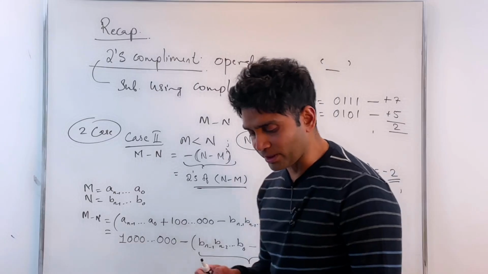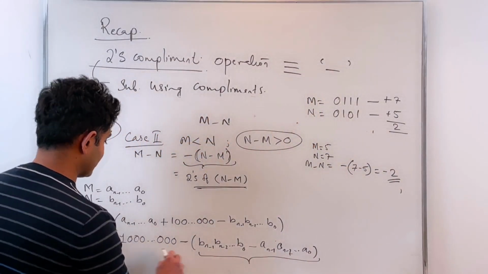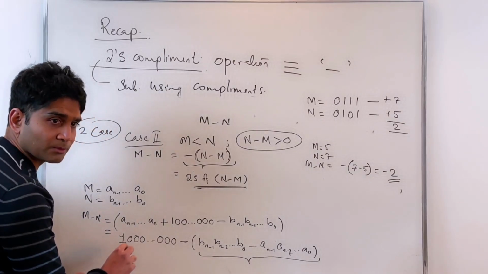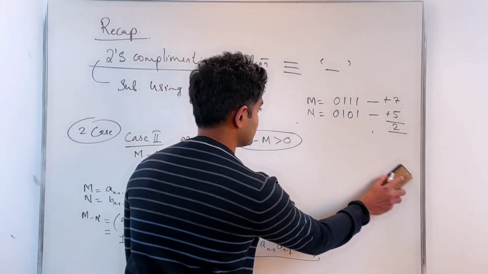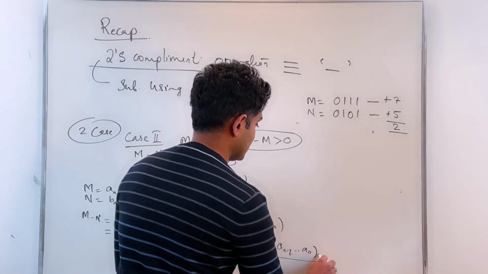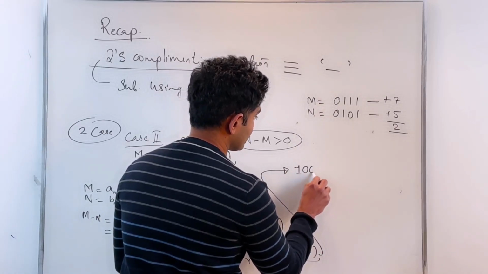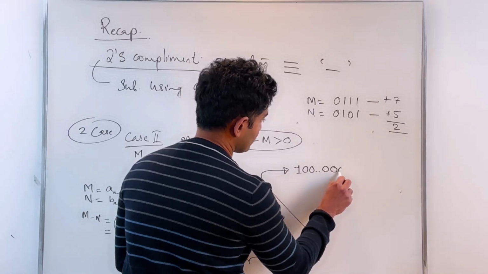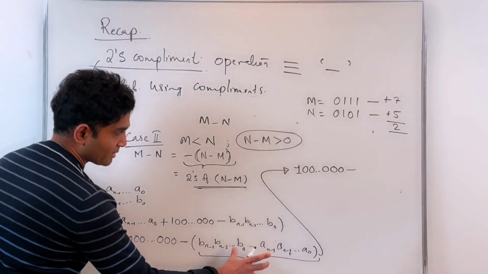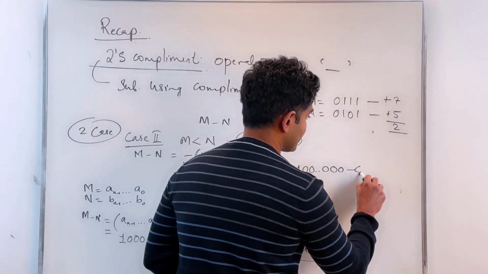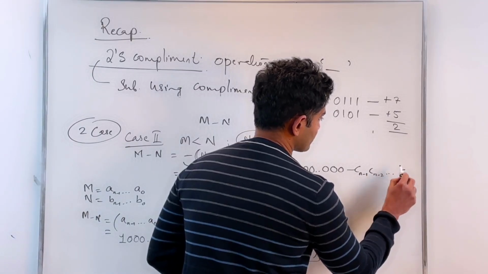Let me just write it here. I'm just going to express this as 1, 0, 0, 0, 0, 0 minus, let's say if I compute this, that gives me c(n-1), c(n-2), so on to c0.